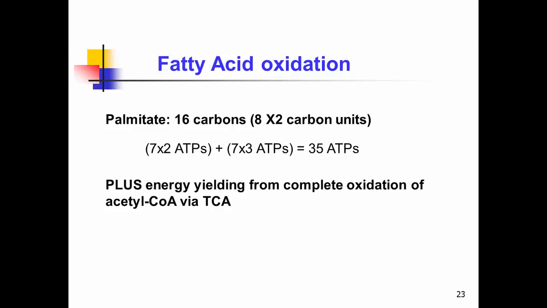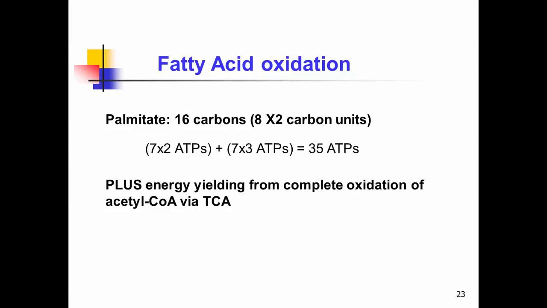And as we mentioned earlier, for complete oxidation of palmitate in beta oxidation, we need 7 cycles, right? So each cycle produces 2 ATP from FADH2 and 3 ATP from NADH.